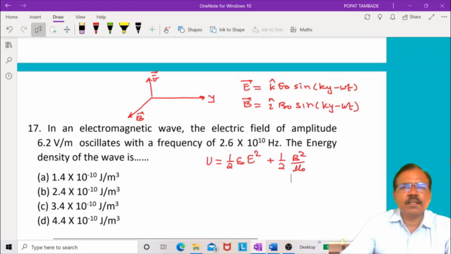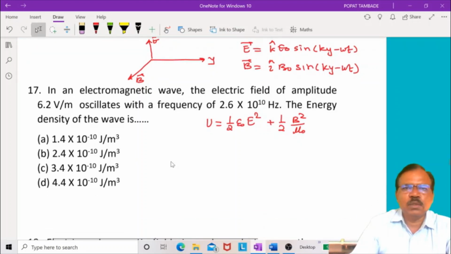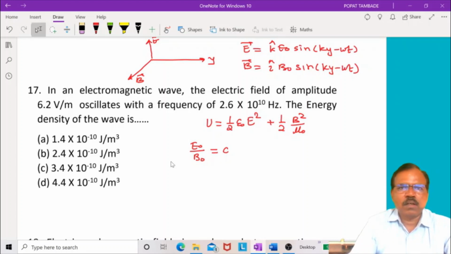But if we take peak values, then we have E0 upon B0 is equal to C, the speed of light, or in general E by B is equal to C. And we know E by B is equal to 1 upon root of epsilon 0 mu 0.